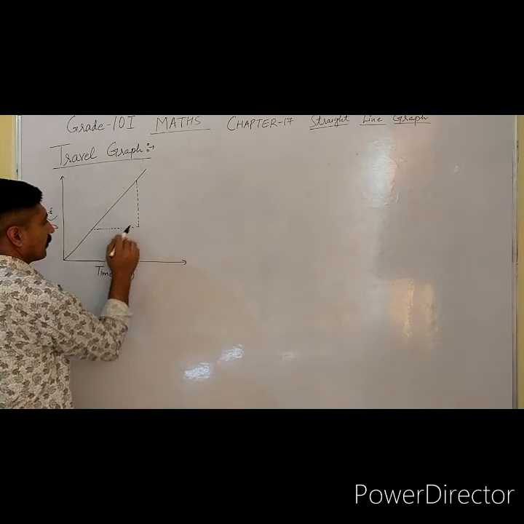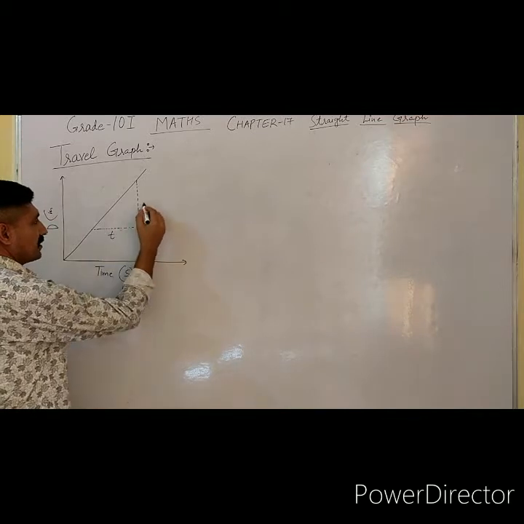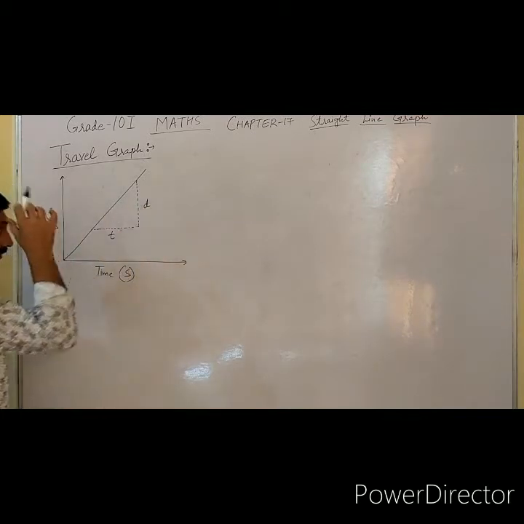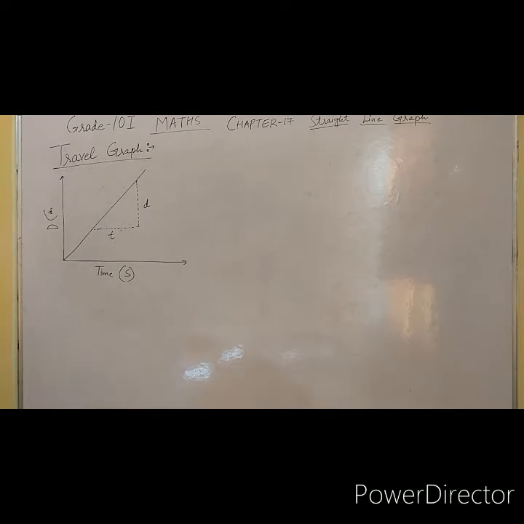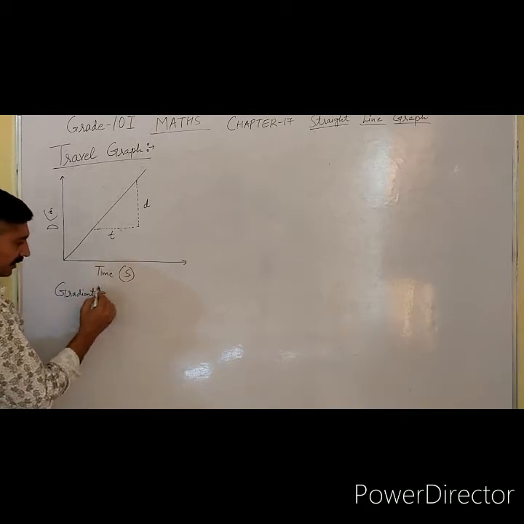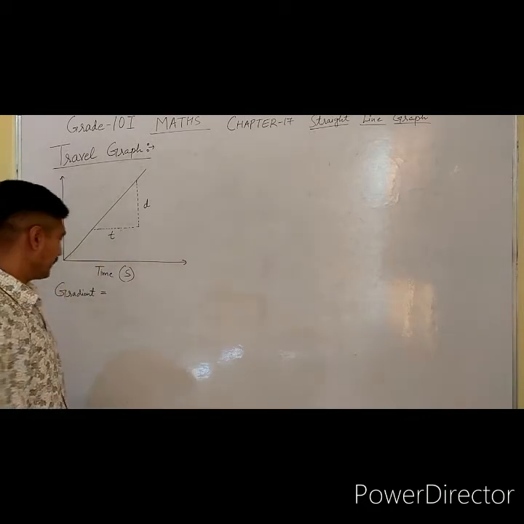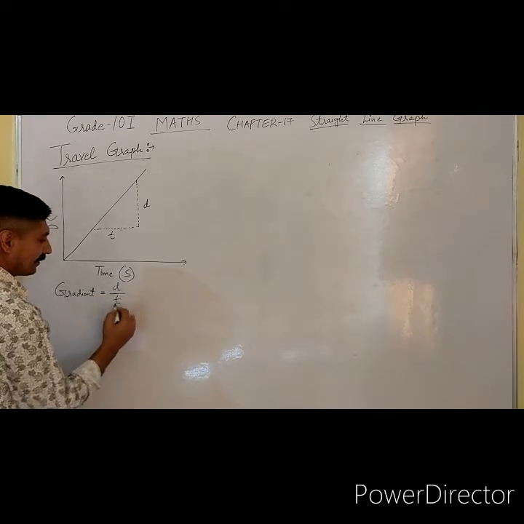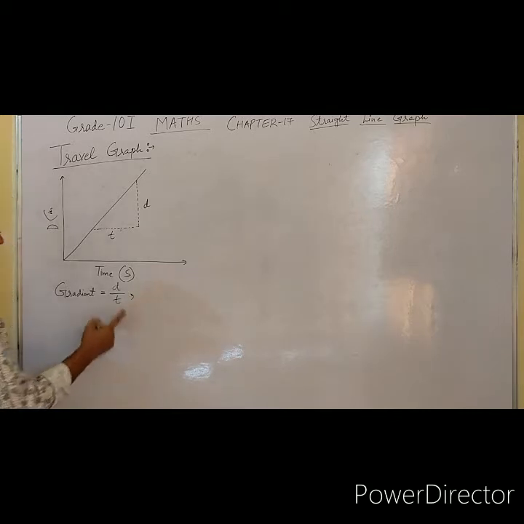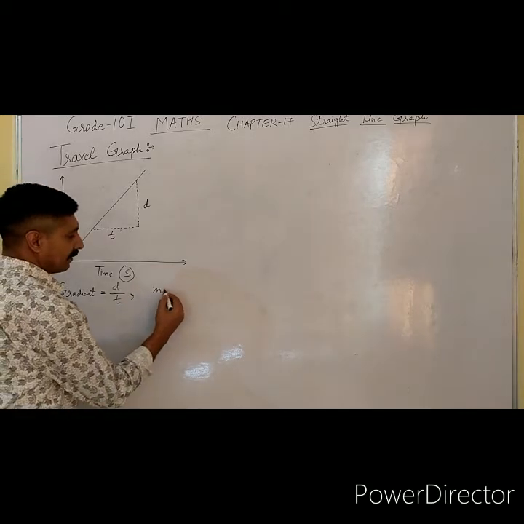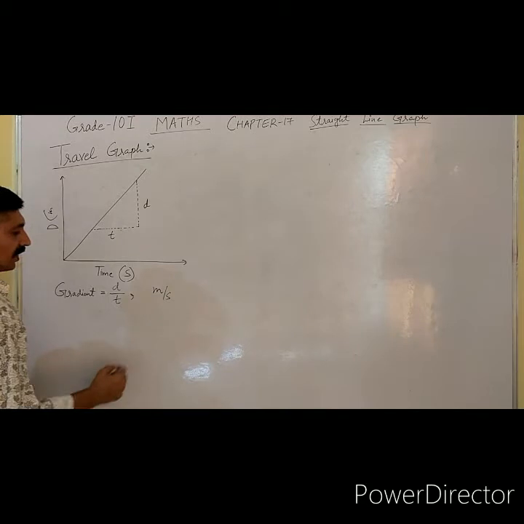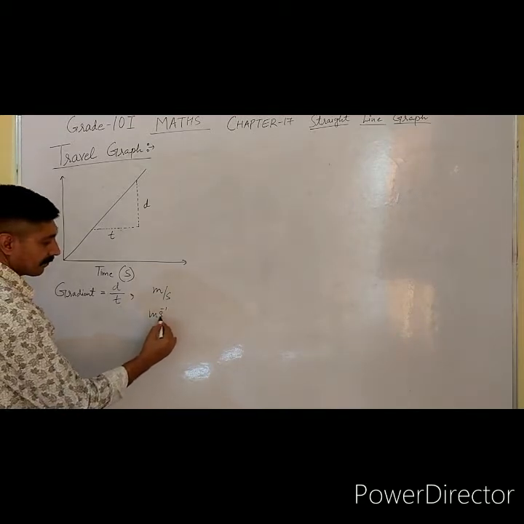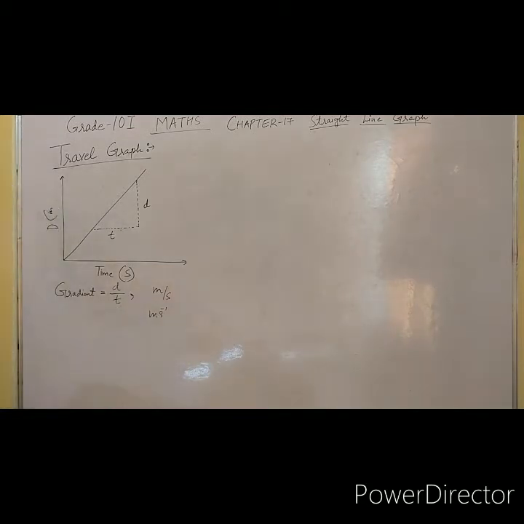Here time t and the distance d. So the gradient, which means the slope, is equal to d upon t, and as we have discussed its units are meters per second.